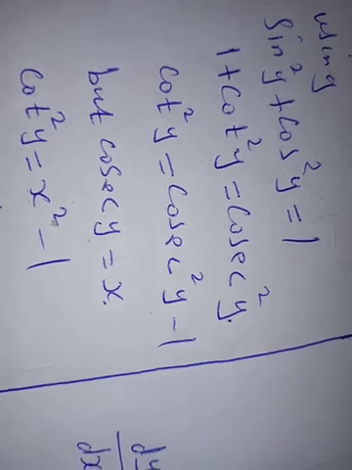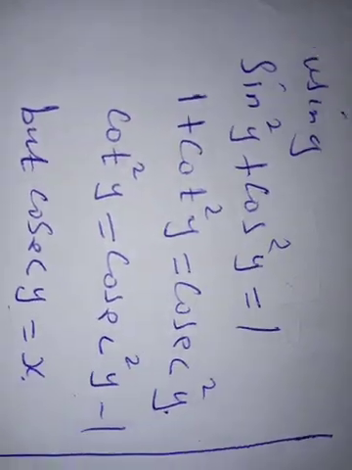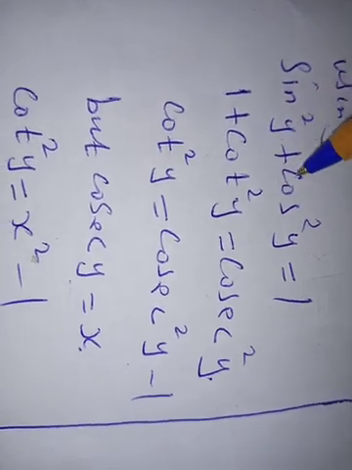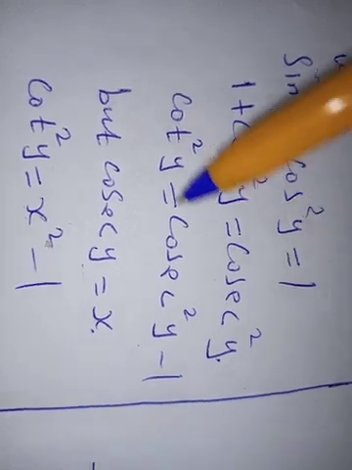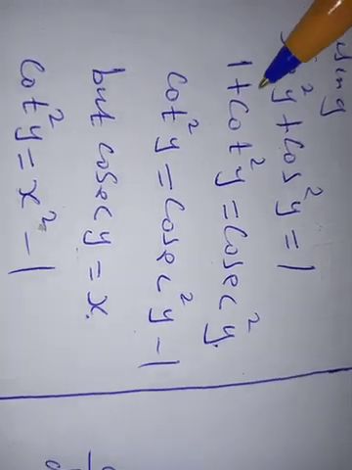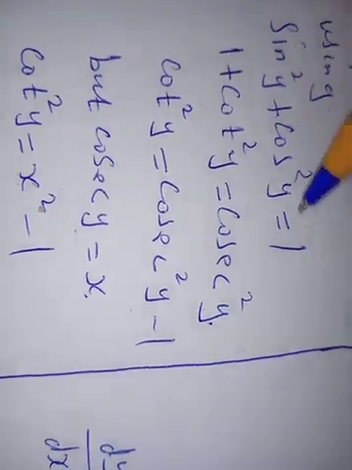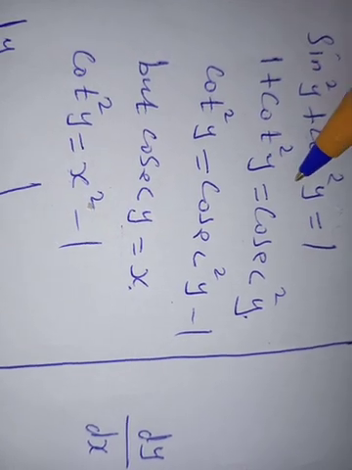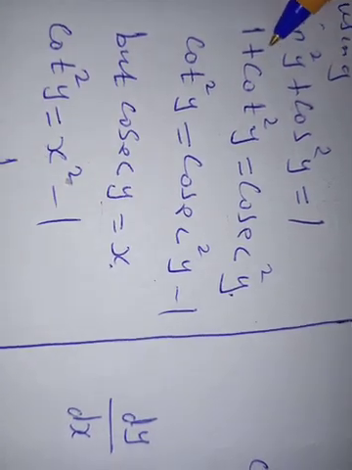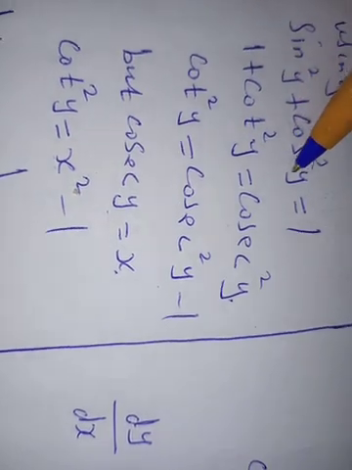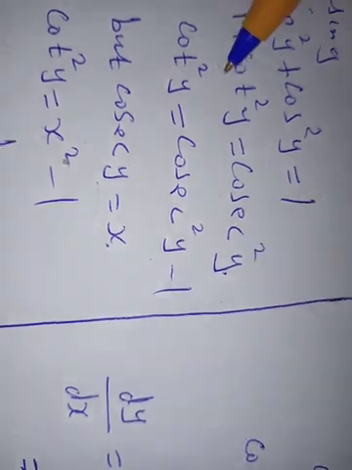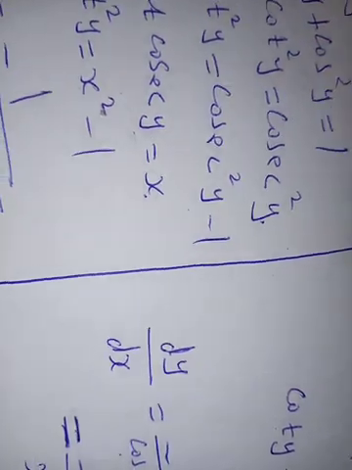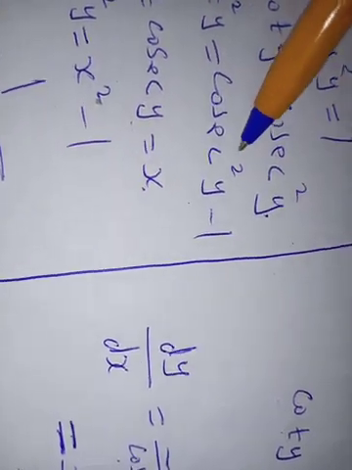Alternatively, we can use this trigonometric identity, which says that sin squared y plus cos squared y is equal to 1. So we divide each term by sin y squared. Sin y squared divided by sin y squared is 1. Cos y squared divided by sin y squared is cot y squared, which is equal to 1 over sin y squared, which is cosec y squared.